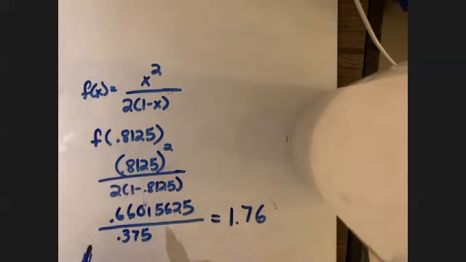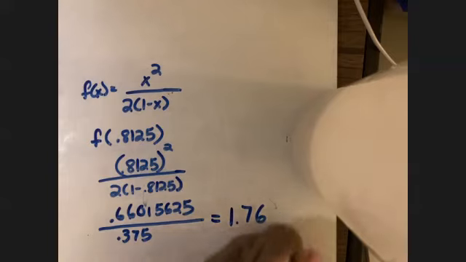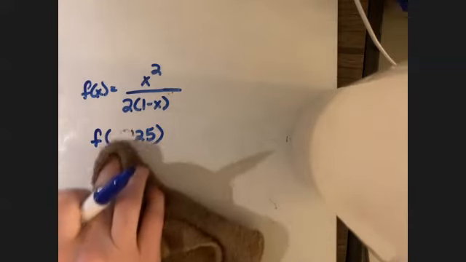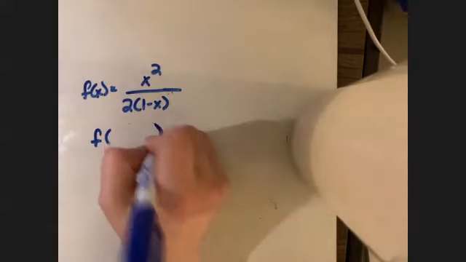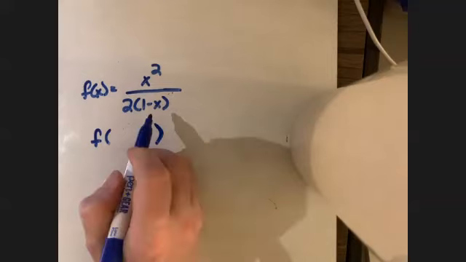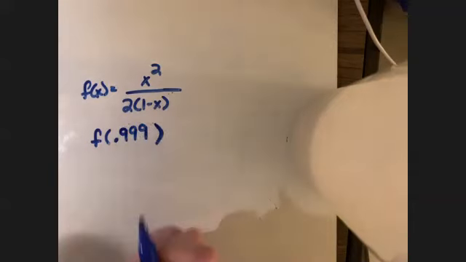Now it asks what happens to the number of vehicles as the traffic intensity approaches 1. So what we can do for that is we can make this number really, really big. We can't put 1 in because 1 minus 1 is 0. But I can put in something like 0.999.